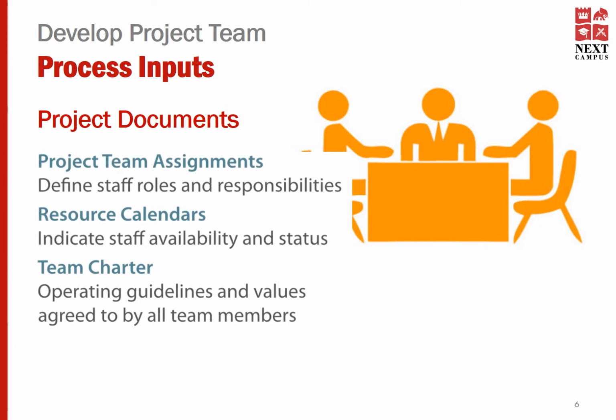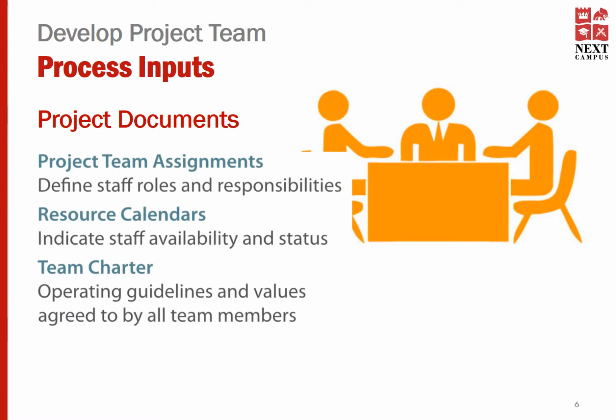Project team assignments: another document that needs to be updated. It defines staff roles and responsibilities. So any changes to the assignments and responsibilities have to be updated, and the document that represents this information is the project team assignments document.